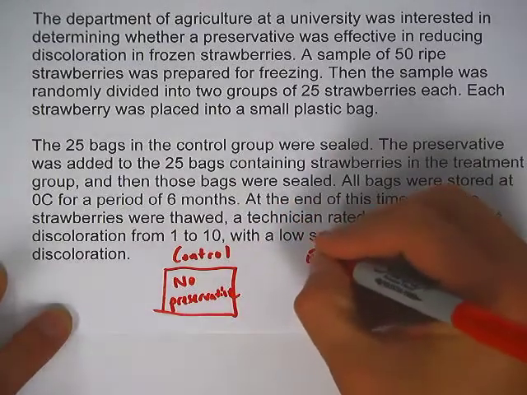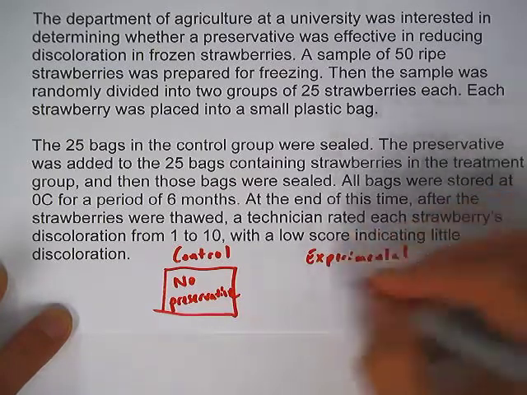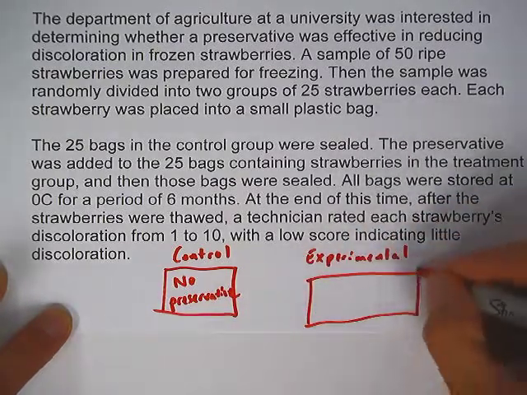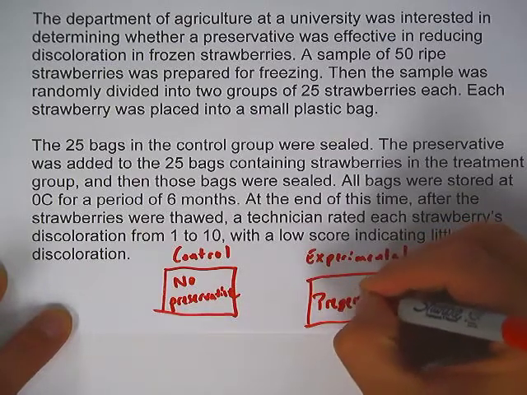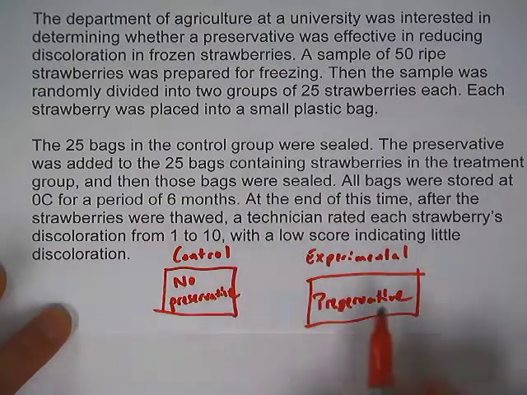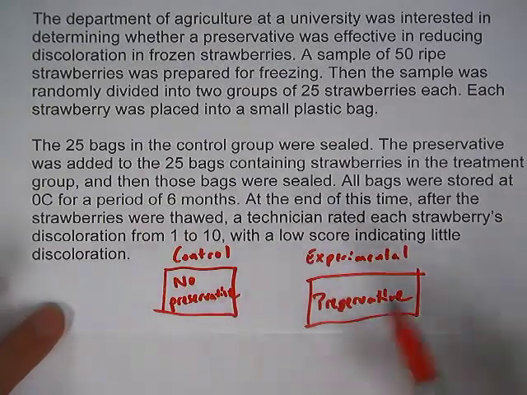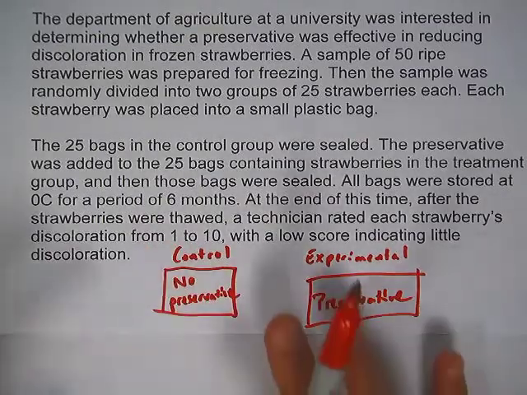So if we call this the experimental group or the treatment group, these were the strawberries that got the preservative. Okay, so our two separate groups were put in the freezer for the same amount of time, and then were rated by the same technician.